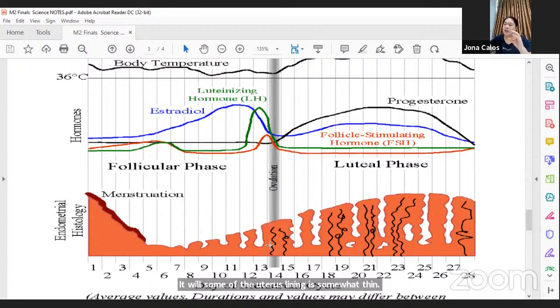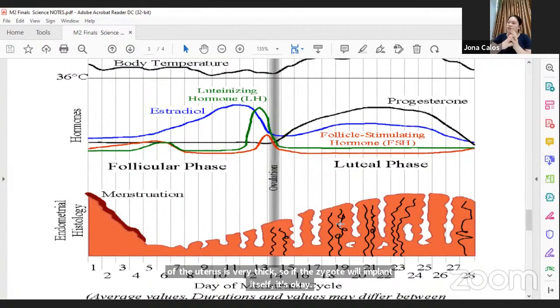On the ovulation here, that's the sign that the body is ready to be fertilized and have the zygote be implanted. That's why pregnancy would most likely occur in the luteal phase, because as you can see, the lining of the uterus is very thick. So if the zygote implants itself, it's okay.